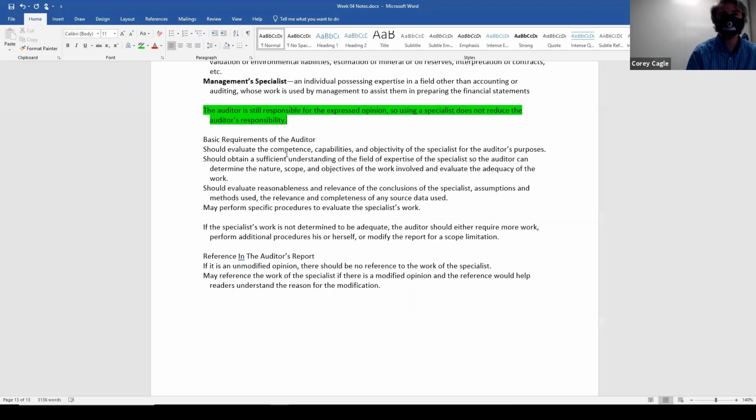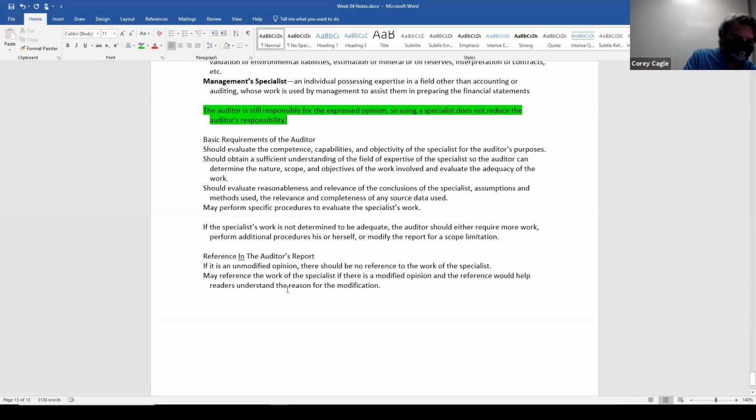We'll do more. So, questions will often lead you down that path. You know, so-and-so was tested and it turned out it wasn't adequate. What should we do? Figure something out to where it will become adequate, right? So require more work, perform additional procedures ourselves, or if we have to, we might have to modify the report for a scope limitation, but hopefully we wouldn't have to do that.